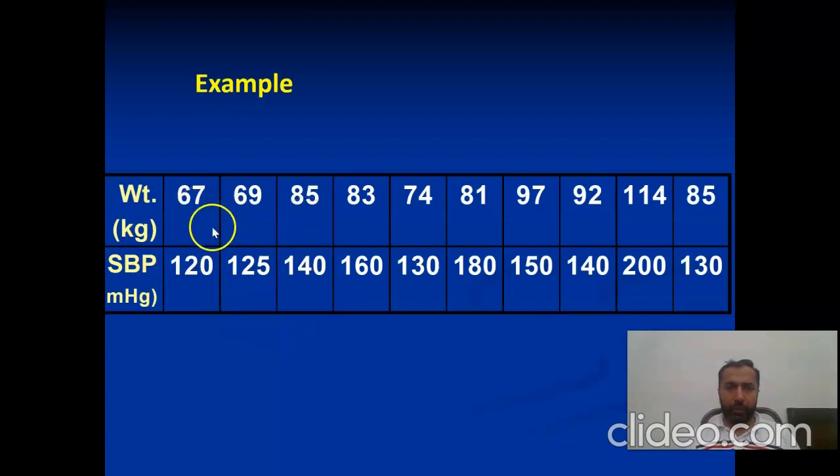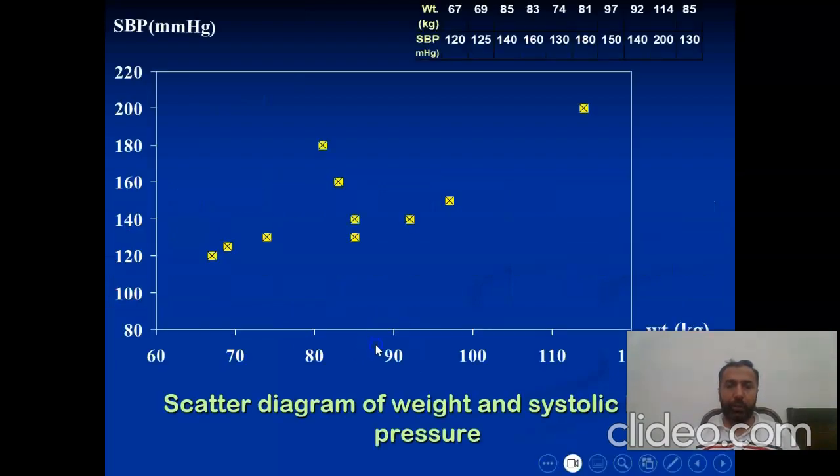If we look at this basic data, when the weight is 67, the blood pressure is 120, and when the weight increases to 114, the blood pressure becomes 200. So from the data, it looks like there is a positive correlation between the weight of a person and their blood pressure. However, we shall further explore this with the help of a diagram known as a scatter diagram.